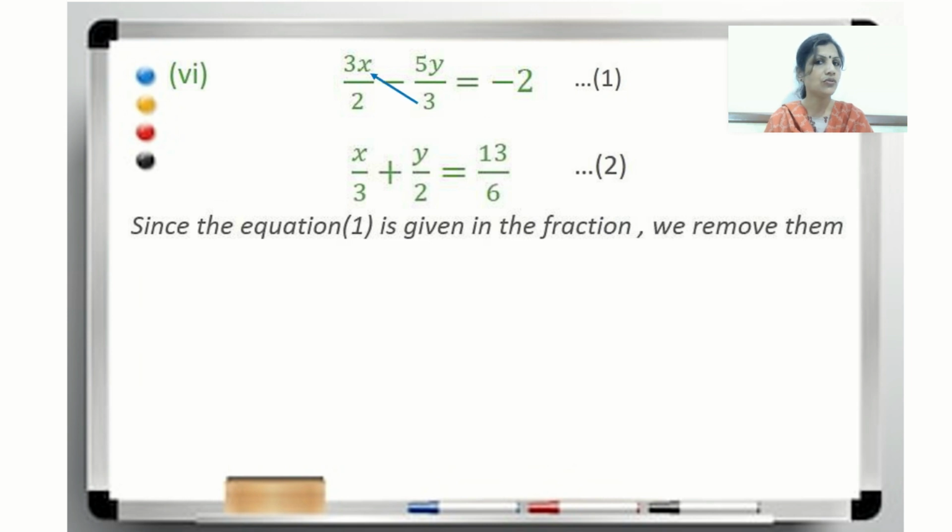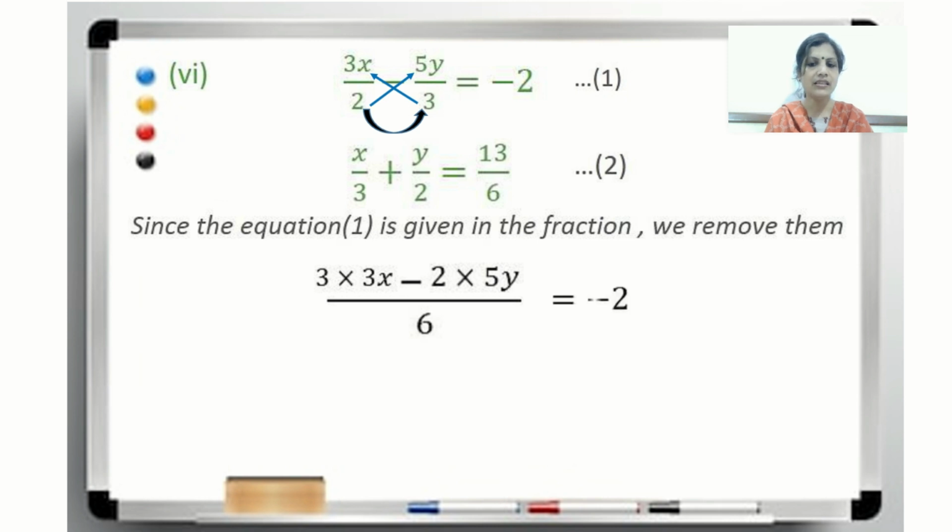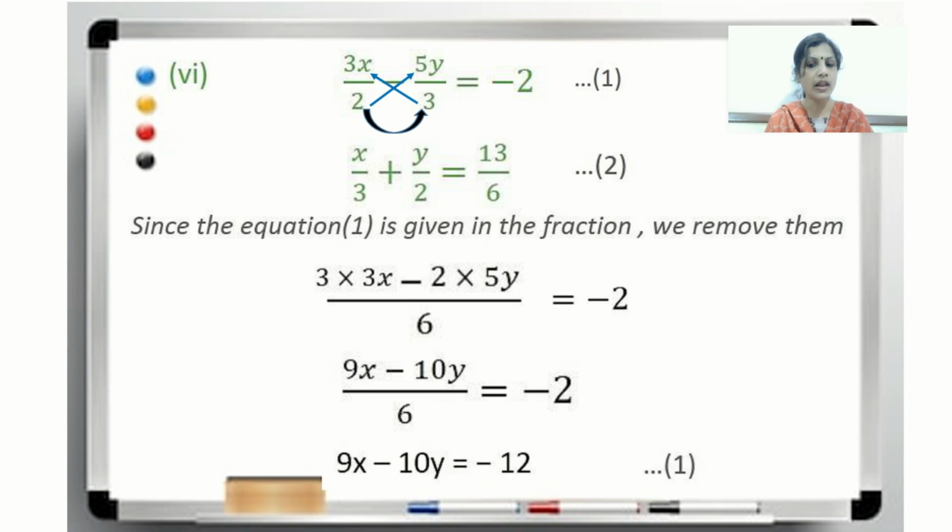So 3 into 3x will be 9x − 2 into 5y, upon 2 into 3, which is 6, and is equal to −2 as it is. Let's solve it quickly. So we'll have (9x − 10y) upon 6 = −2. And so 9x − 10y = −12.